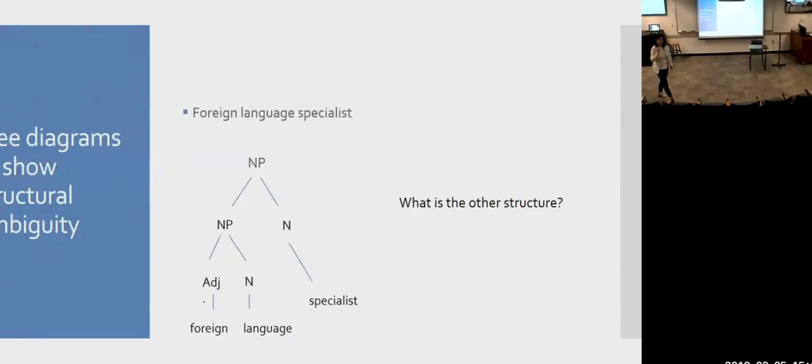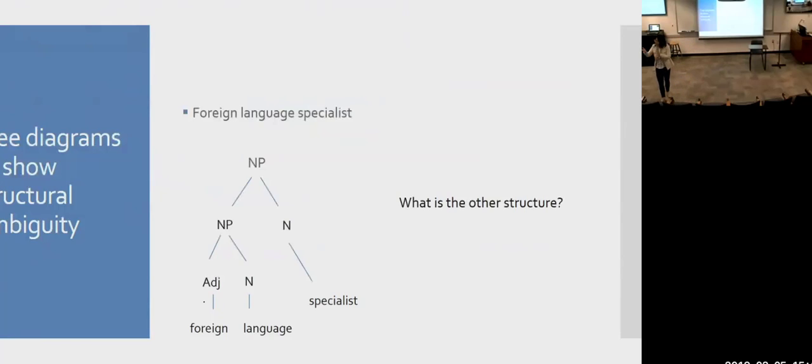I would like you to think of this. Remember I just mentioned the tree diagram is really helpful because it gives us the chance to analyze the internal structure, so that we can better understand ambiguous sentences or ambiguous phrases. Now I give you a phrase that is ambiguous here. Why is it ambiguous? Because with "foreign language specialist," you can read it as [foreign language] specialist or foreign [language specialist].